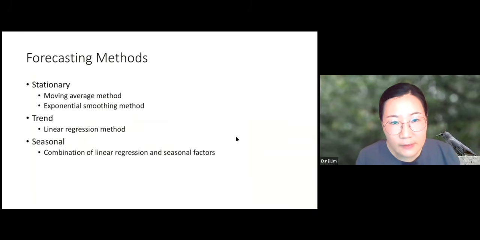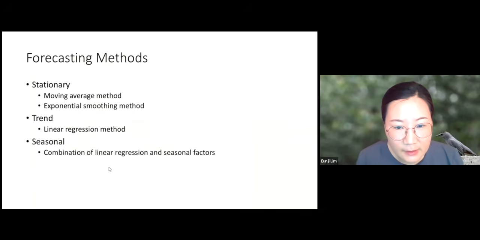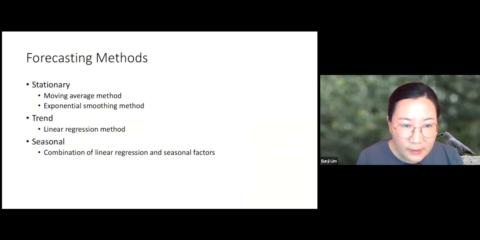So once you identify the pattern of your data set, the next thing you need to do is choose the correct forecasting method for your pattern. For example, if your data set is stationary or horizontal, you can use either the moving average method or the exponential smoothing method.